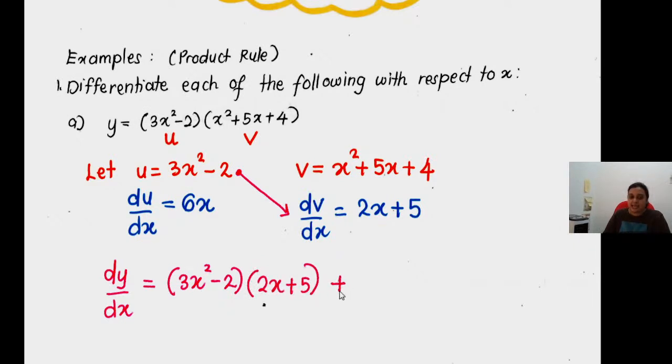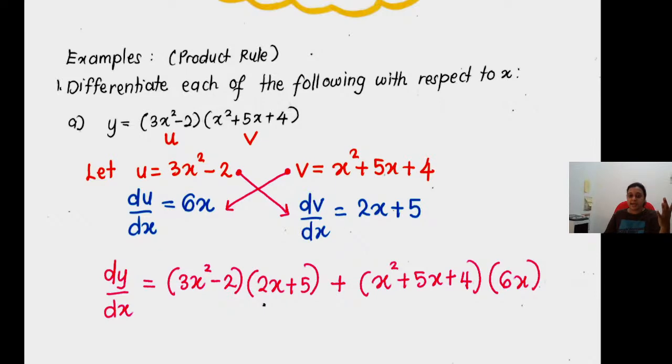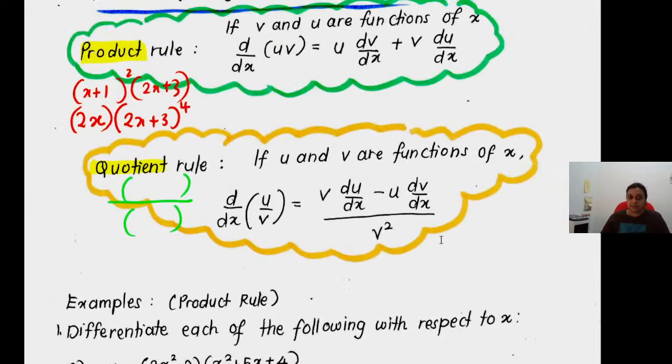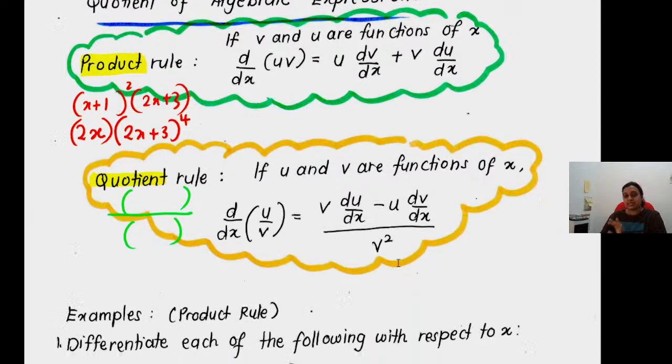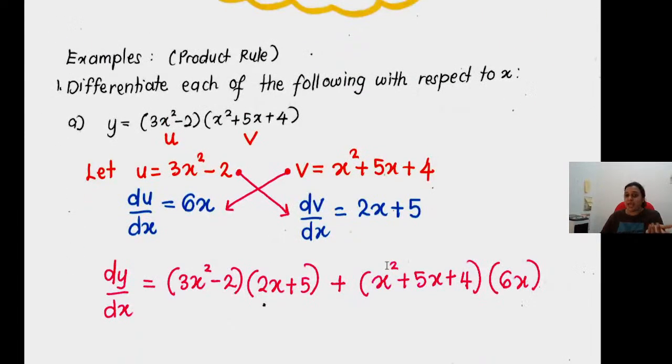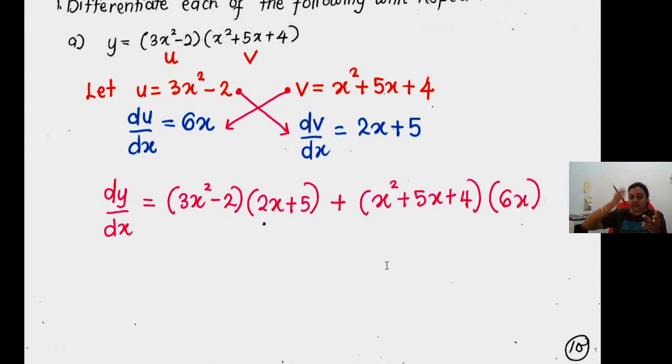Then plus copy the v and times du dx, so I copy the v, x squared plus 5x plus 4, then du dx is 6x. If you look back at the formula, it's the same: u dv dx plus v du dx. That's what teacher did here, but I use arrows, so it's easier for me to see which one times which one, plus which one times which. It's like a cross.